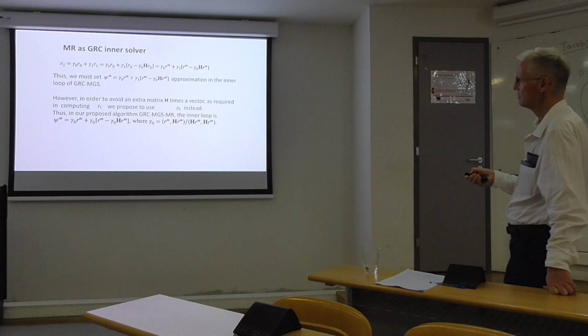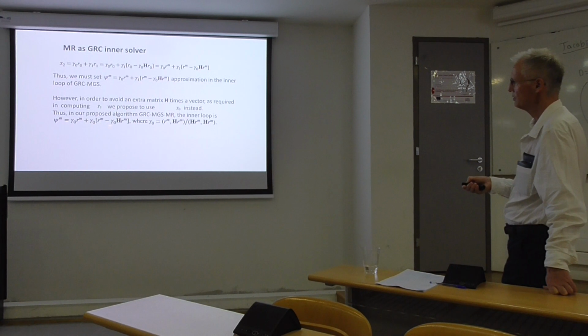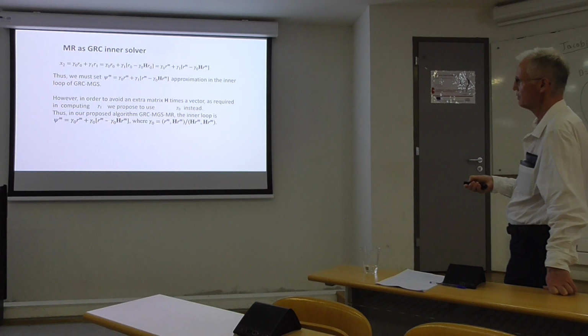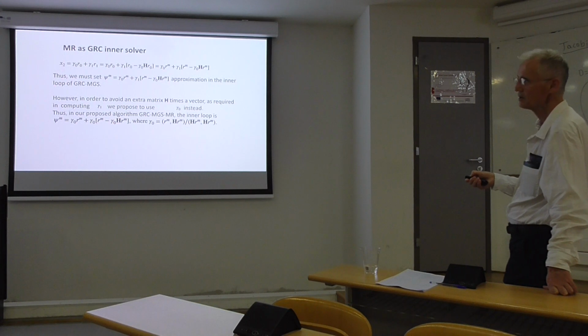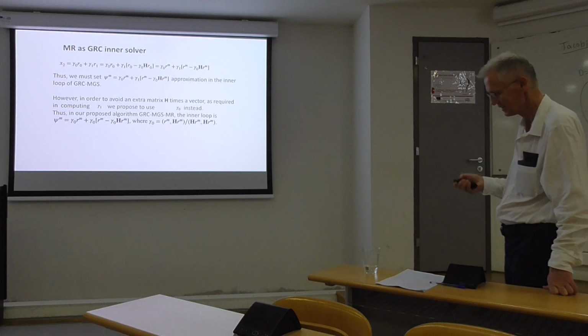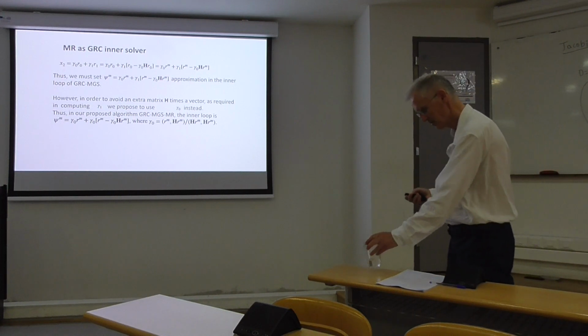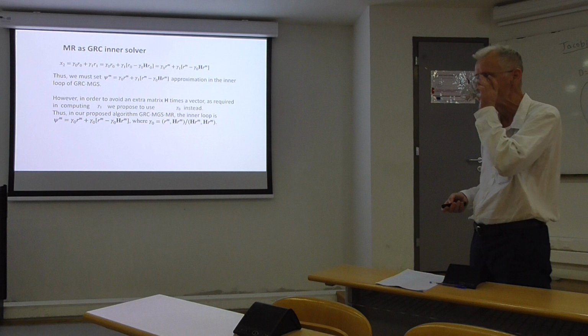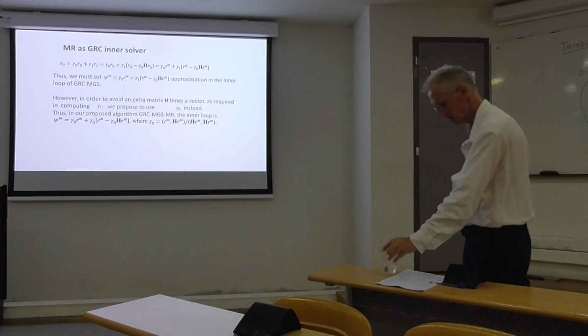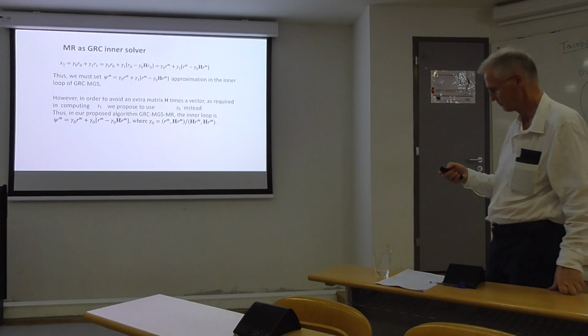There is a gamma 1, it needs an extra matrix vector multiplication, so we use simply gamma 0 here. So this is an engineering trick. Now engineers do that. You do this and see what happens.